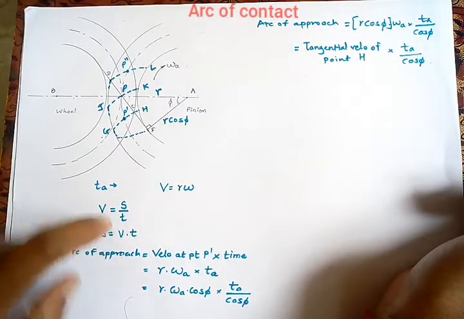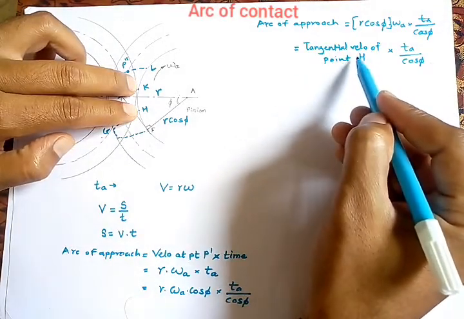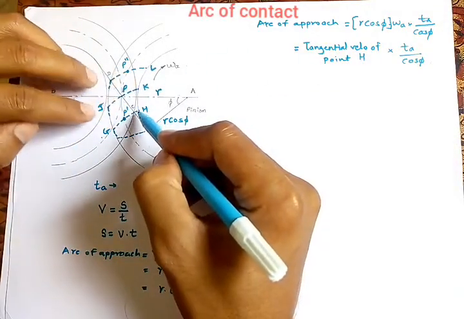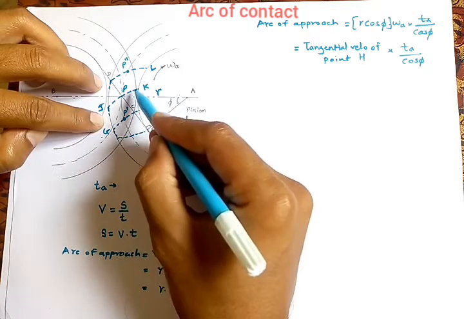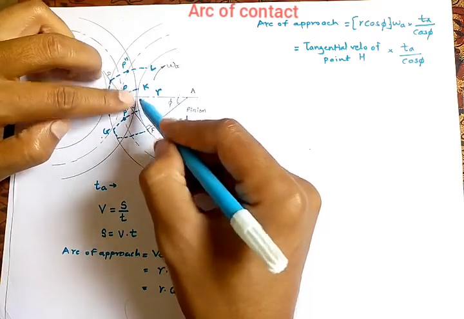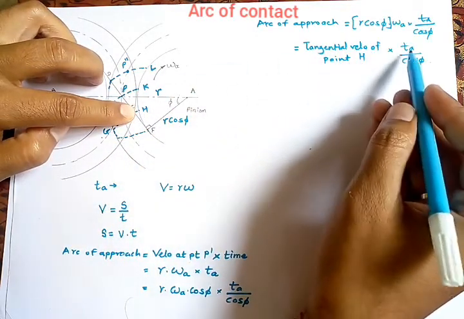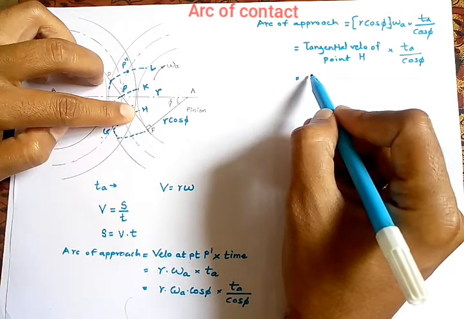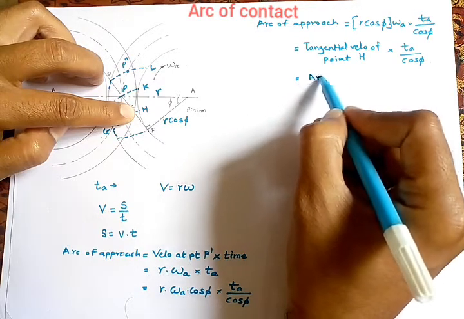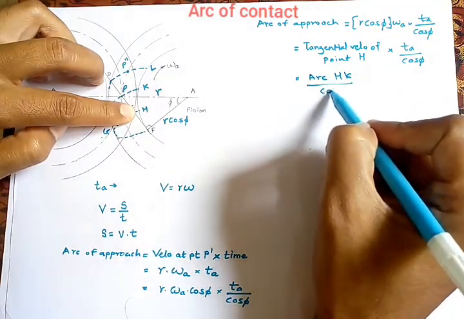So what is the distance covered when the arc is moved from GH to JK? It is the distance HK. So the tangential velocity of point H into Ta will be arc HK upon cos phi.